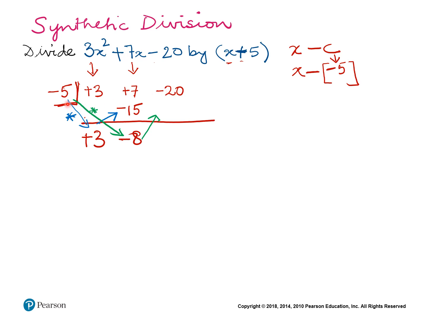So minus 5 times minus 8 is positive 40. So let's write that. It's going to be positive 40, and then you add it up. So minus 20 plus 40 is positive 20, and we are done. We've completed our synthetic division. As you can see, it was much faster than the long division method, and it involved fewer steps, right?